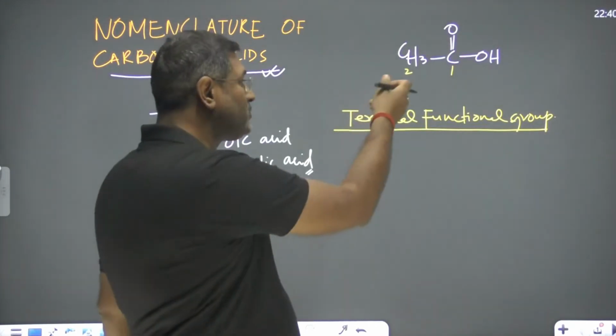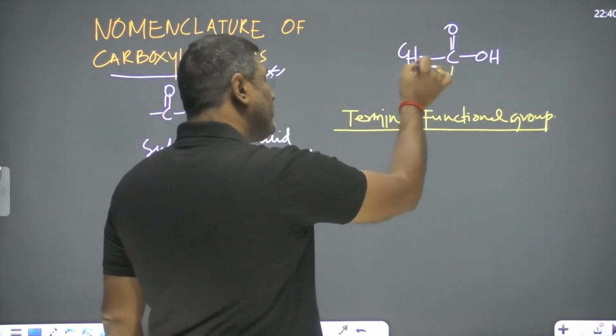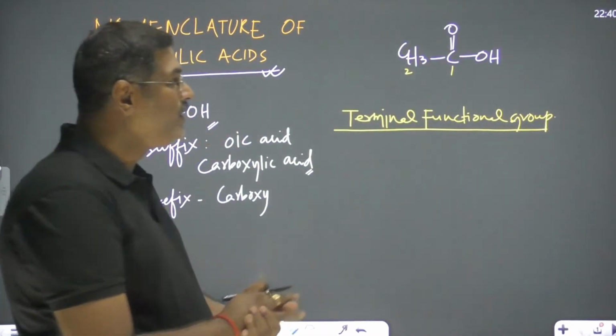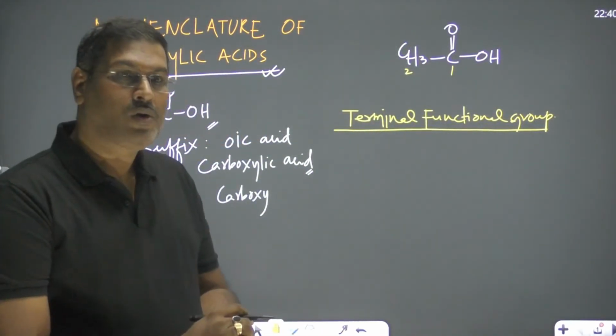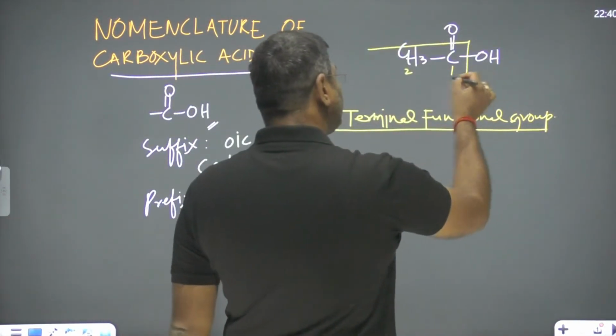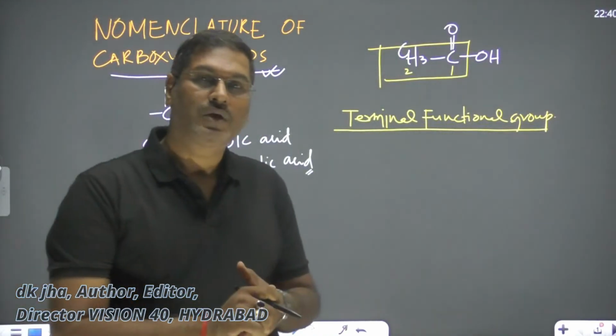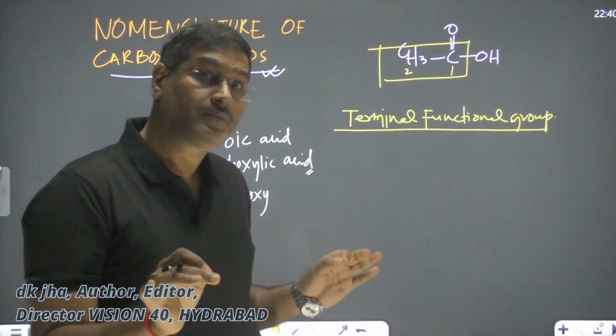So in this case we have started with this carbon atom 1 and 2. We consider that in the parent chain we have 2 carbon atoms. This is the parent chain, and for this we use the term eth.